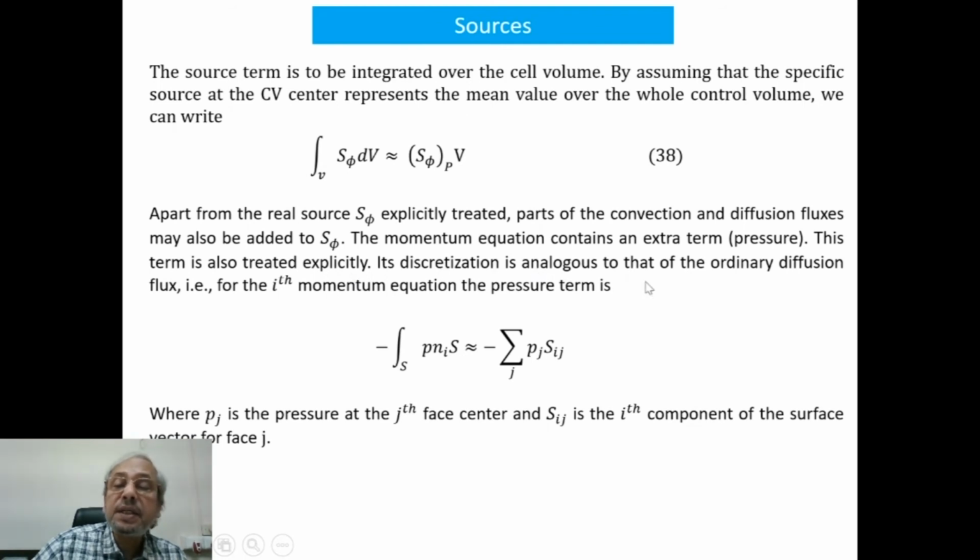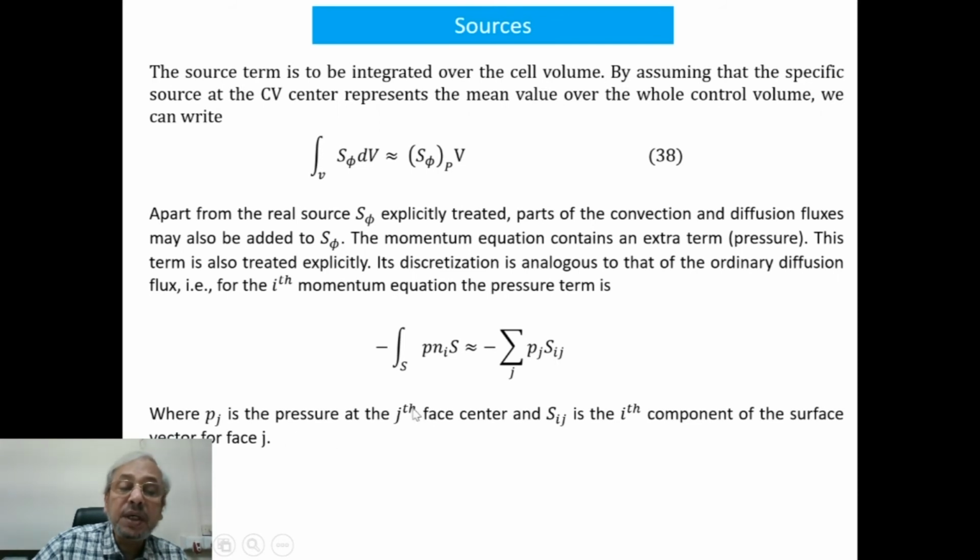Its discretization is analogous to that of the ordinary diffusion flux, that is, for the ith momentum equation, the pressure term can be written as the integral of P Ni dS over the surface, and then for all the confining surfaces we can write the summation of Pj Sij.